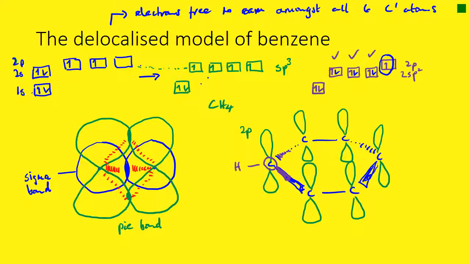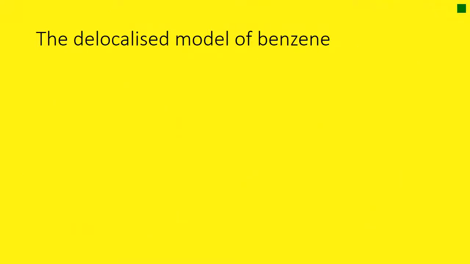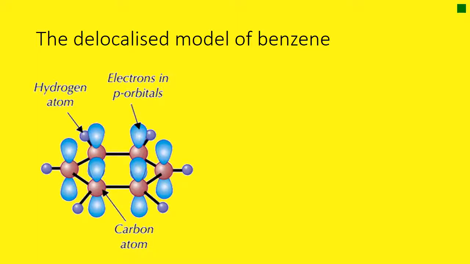Right, so now I've drawn that rather bad diagram. What we can do is have a look at a professional picture of what a benzene molecule looks like. Yeah, so staying with this delocalized model of benzene, let's clarify what you do actually need to know for A-level. And here we have a picture of the benzene molecule.